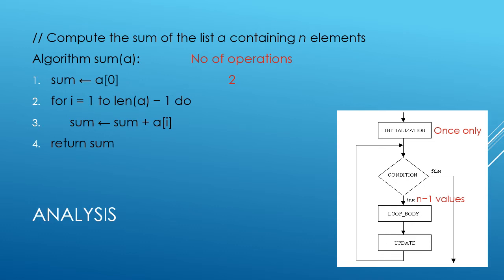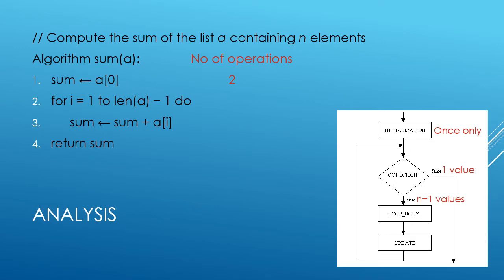How many false values will we check for our for loop? Just one. When we find that the value of i has become n, we will move out of the for. So my question is, how many times do you update the counter variable?